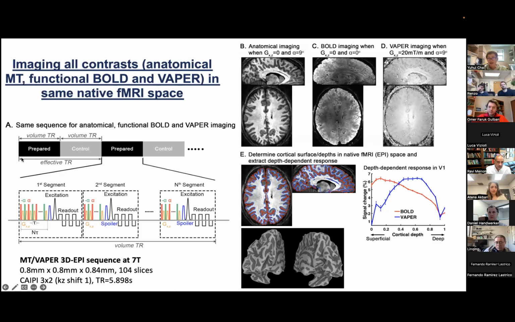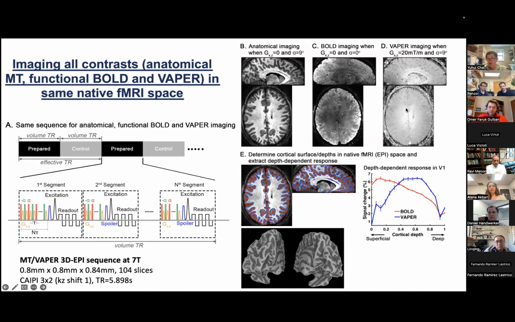For the data analysis, we don't use MP2RAGE. We just use the same sequence with identical 3D EPI acquisition, and we just change the gradient parameter in the preparation. So we turn this preparation into a binomial pulse train, which generates MT contrast and gives us a very good anatomical contrast.